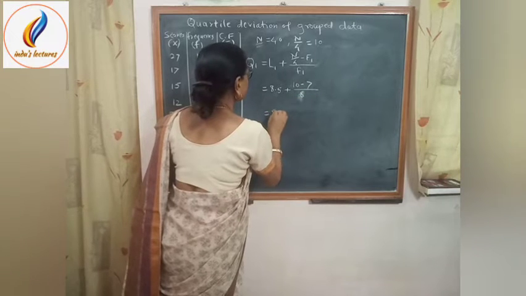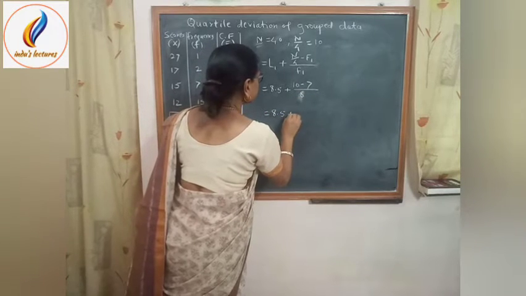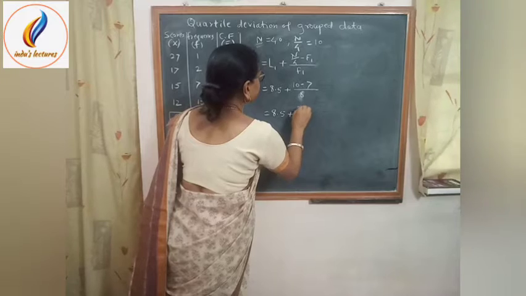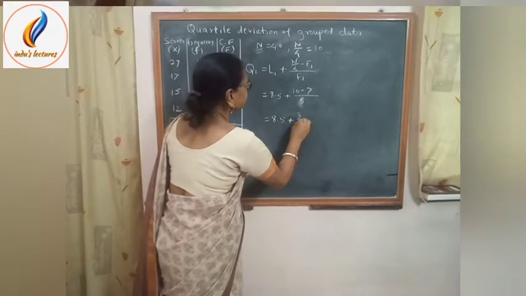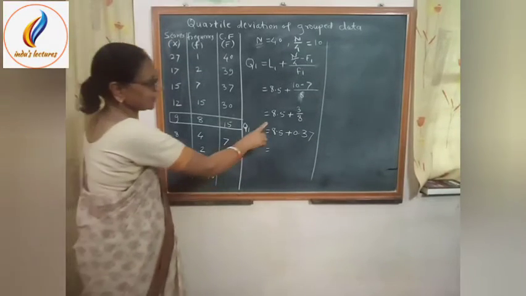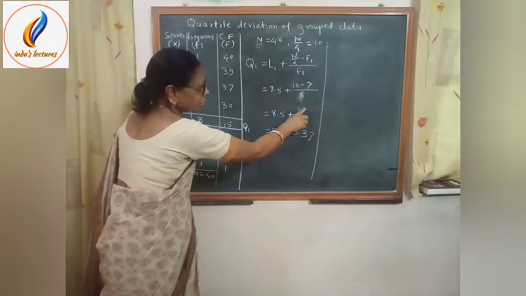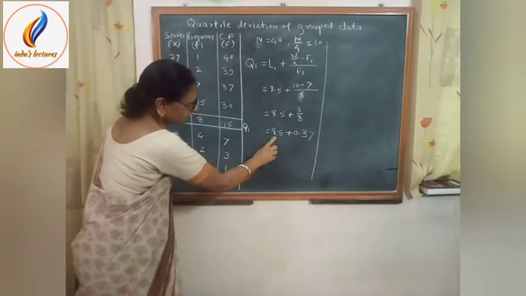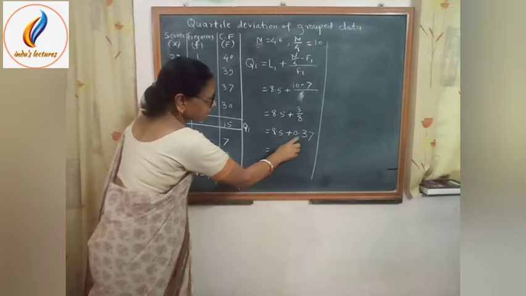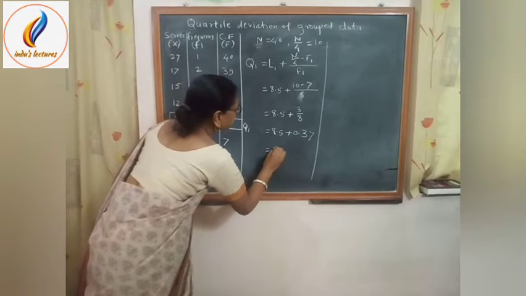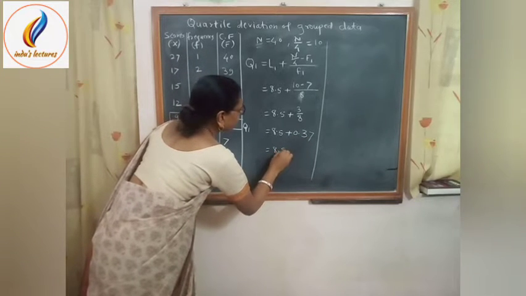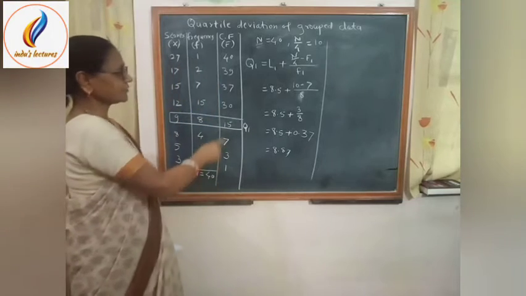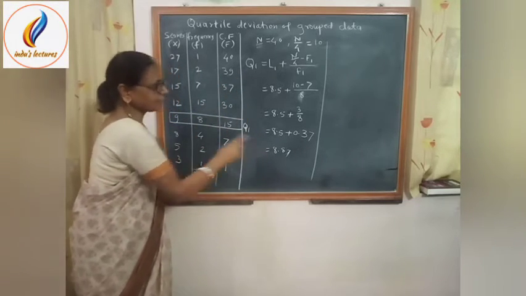So it is equal to 8.5 plus (10 minus 7) by 8, that is 8.5 plus 3 upon 8, which is equal to 8.5 plus 0.37, and the sum is 8.87. That means the first quartile is 8.87.